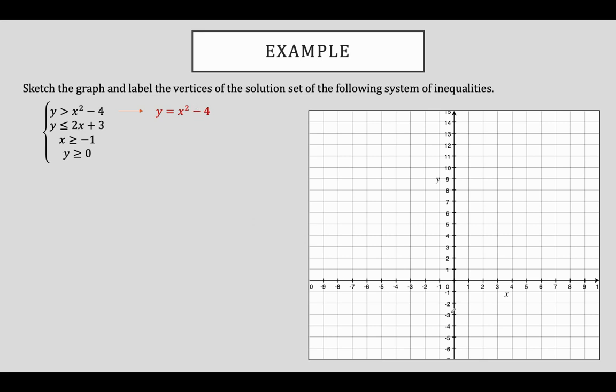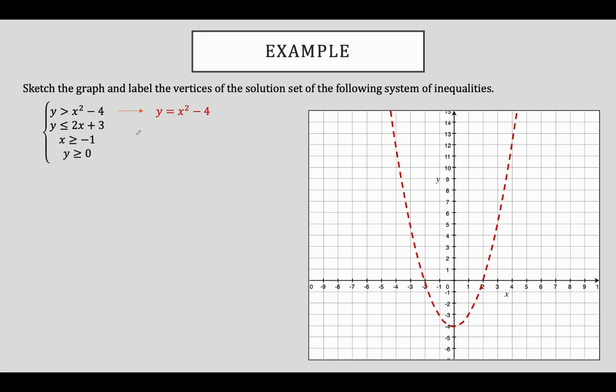That means my vertex is going to be here at (0, -4), and we could find the x-intercepts by factoring and finding the zeros. That's going to be plus or minus 2. There is my parabola. And notice that when I draw in this parabola, I am going to use a dashed line because the inequality does not have an equal to component.